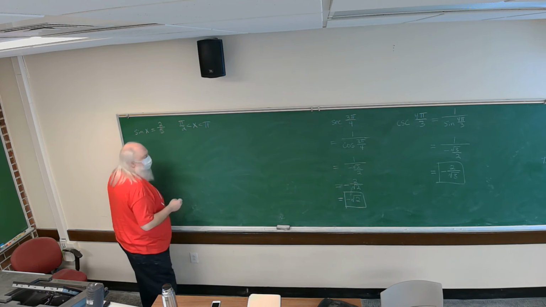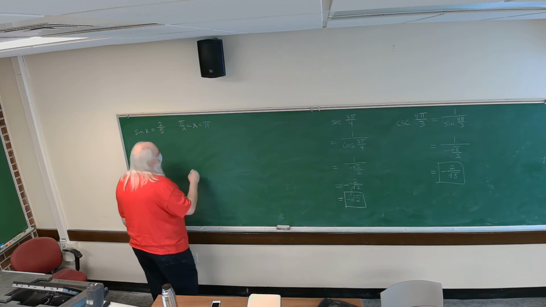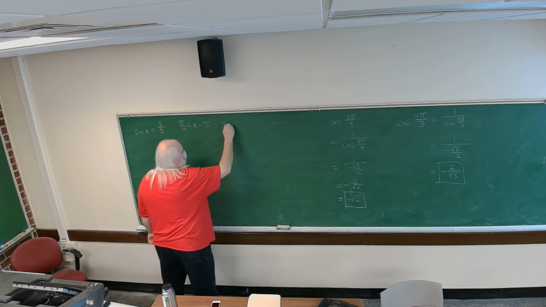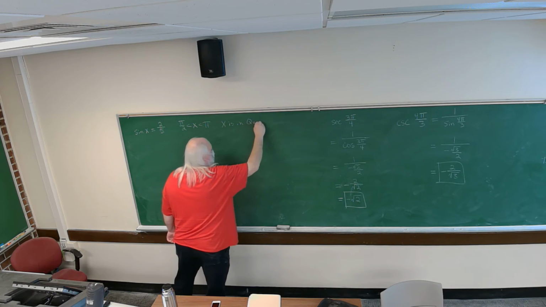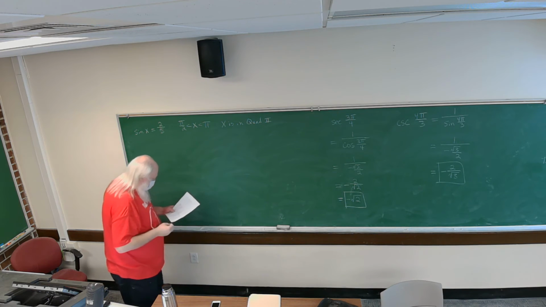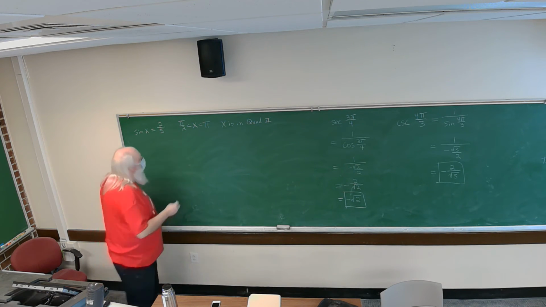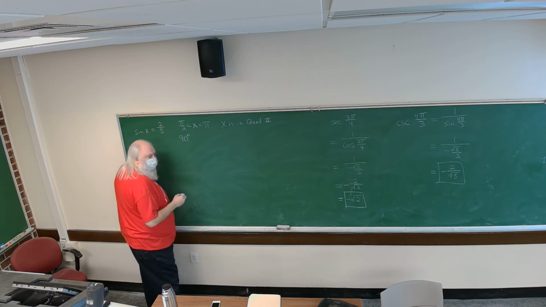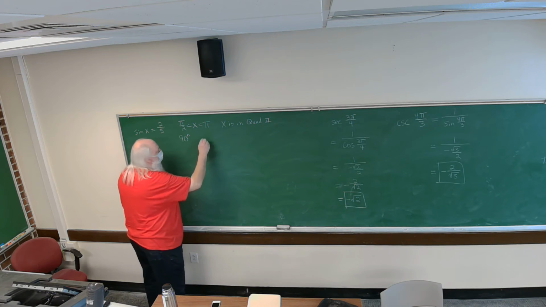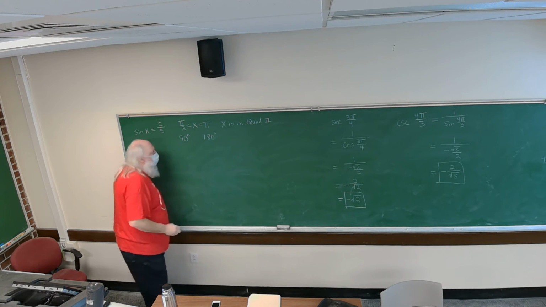And so angles that are between pi over 2 and pi radians are in quadrant 2. And just to remind yourself, pi over 2 radians is the same as 90 degrees, and pi radians is the same as 180 degrees.